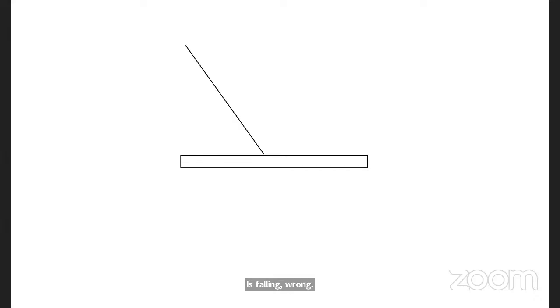And what happens? Suppose I am having a mirror. This is a mirror. And the light ray is falling on it, and then it is reflected.